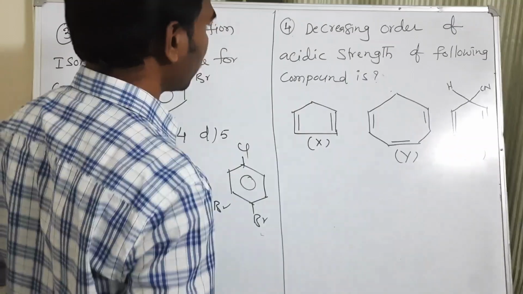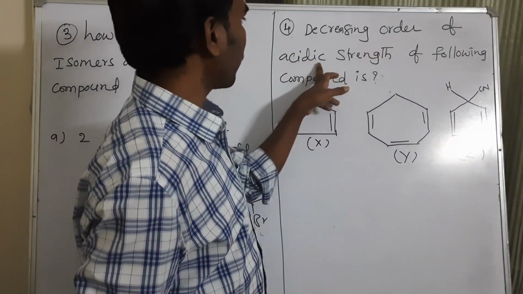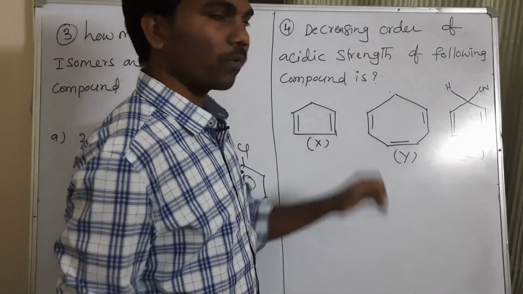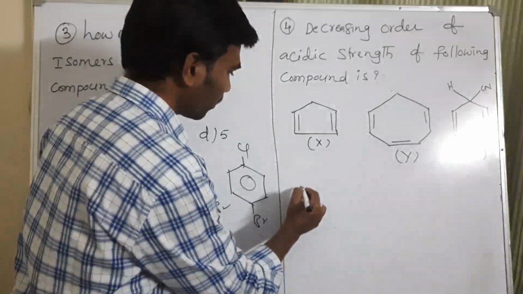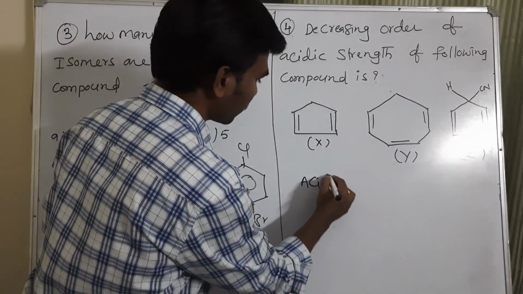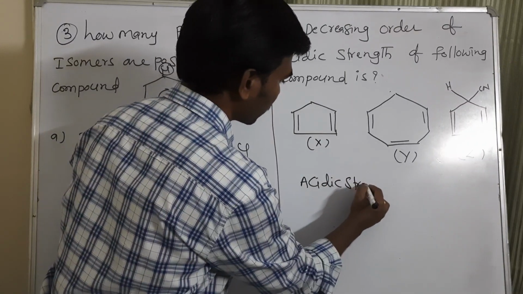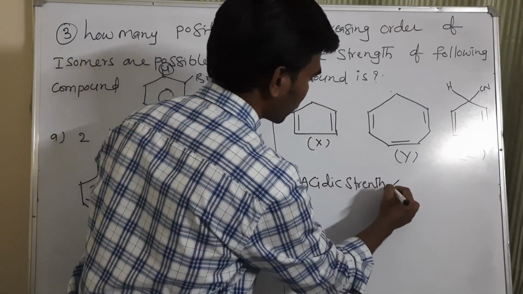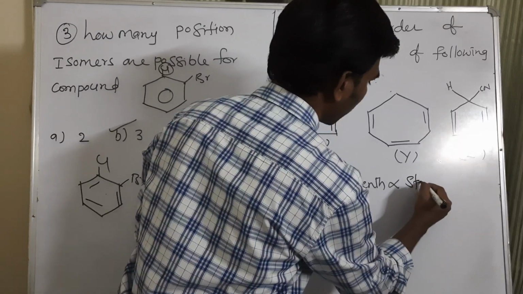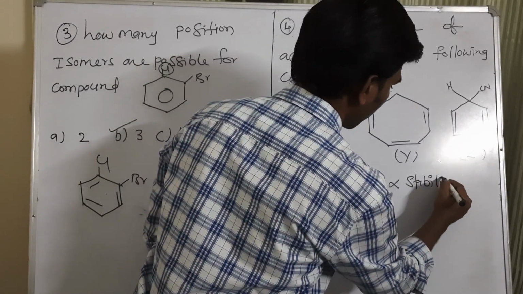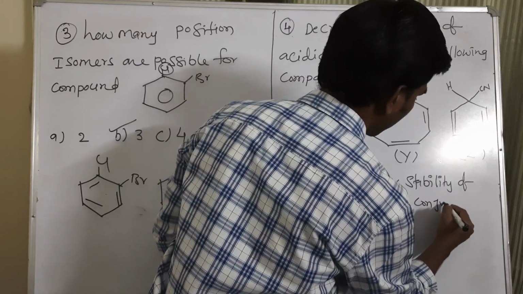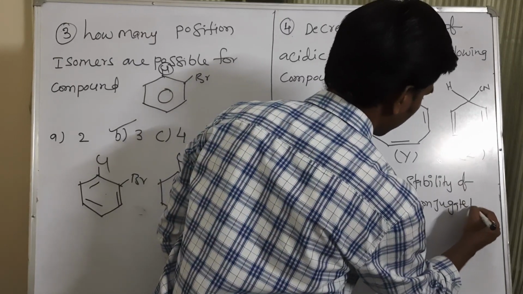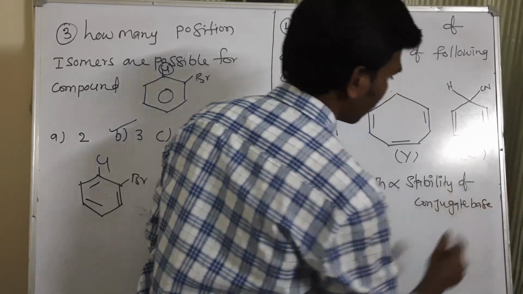So next one. Here, decreasing order of acidic strength of the following compounds. So here we have to remember one thing: acidic strength is directly proportional to the stability of the conjugate base. What is meant by conjugate base?